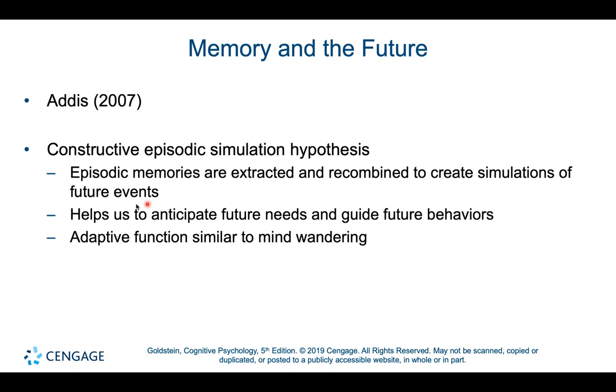This hypothesis suggests that episodic memories are extracted and recombined with each other to create simulations of future events, because really the goal of memory is to help us anticipate future needs and to guide future behaviors. And this is adaptive to survival and appropriate functioning. So I want you to consider the fact that memory only matters because of the future.